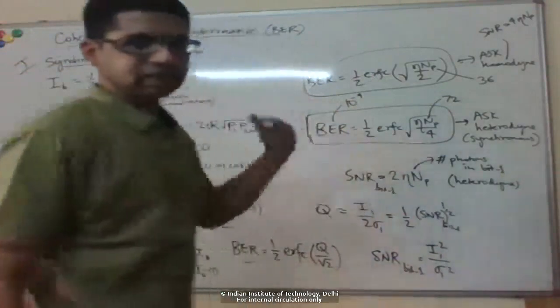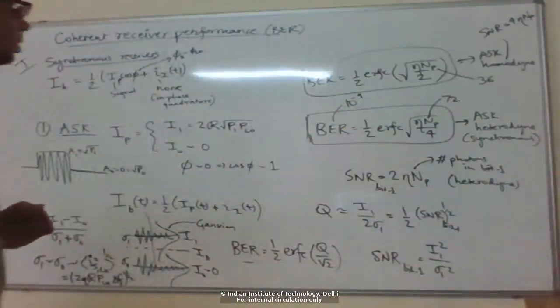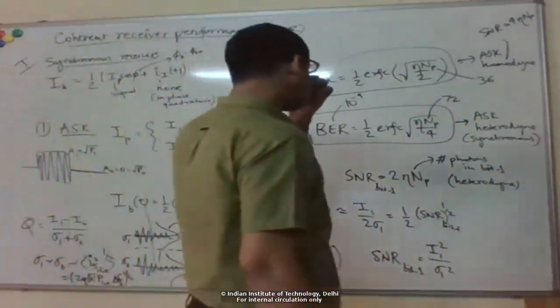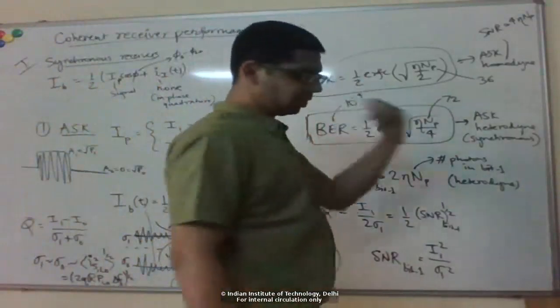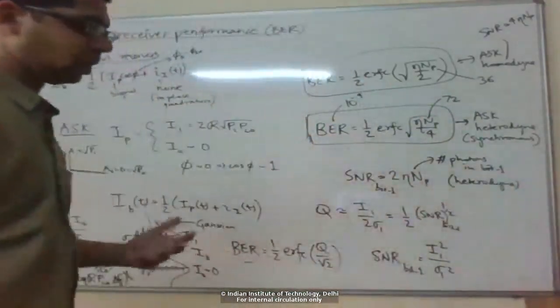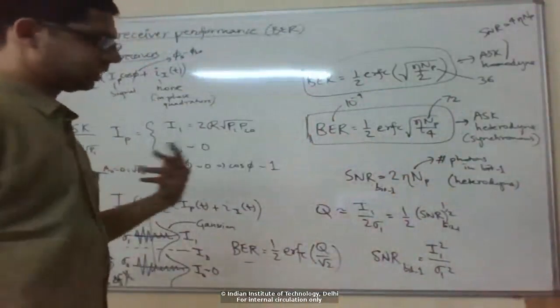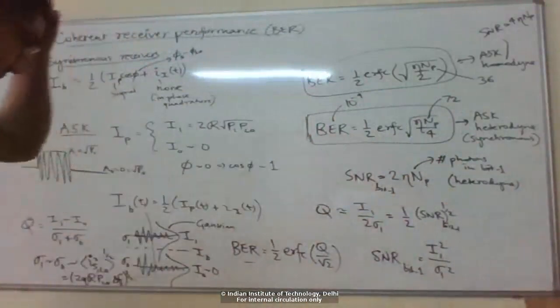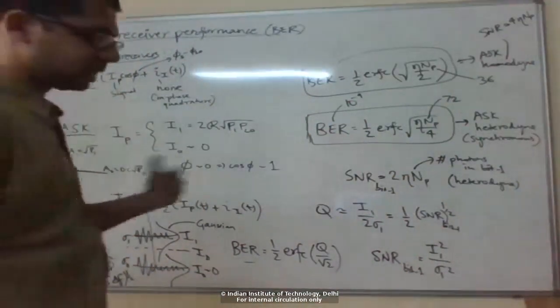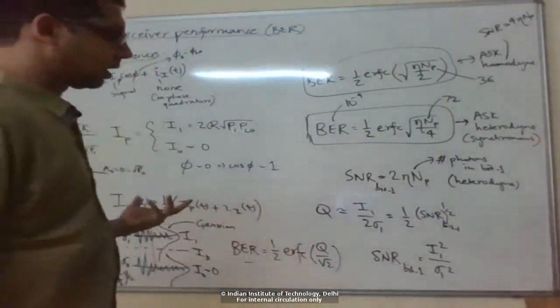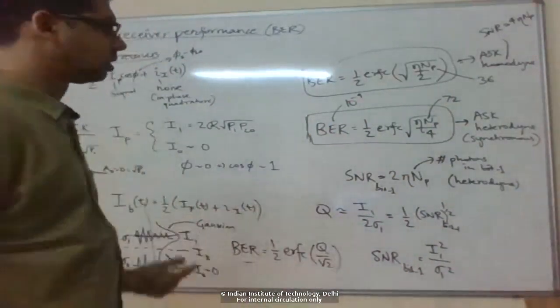We had a discussion when we were discussing the IMDD link, direct detection, theoretically, which typically is not the case. If you use a PIN photodetector, then you are in the thermal noise limit.